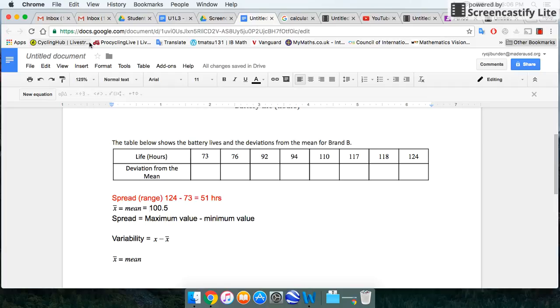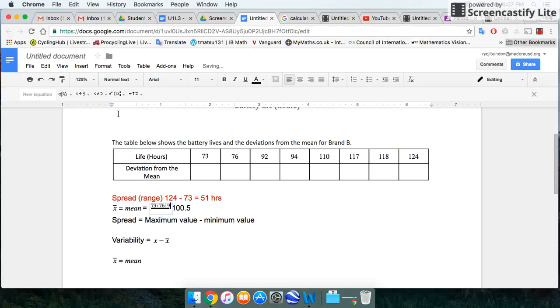And again, the way that we do this, if I'm going to insert an equation: 73 plus 76 plus 92 plus 94 plus 110 plus 117 plus 118 plus 124, and then divided by the total amount, in this case 8, and we carry that out, we get 105.